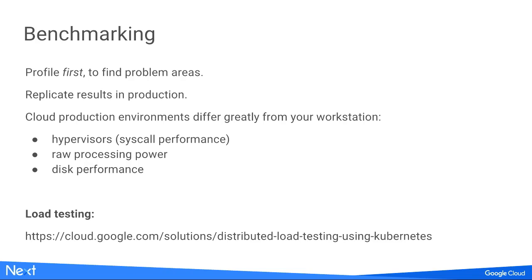There was an interesting story a couple days ago about the get time of day syscall taking a really long time on, it wasn't GCE, but another cloud provider. You might have problems like that that only manifest themselves in production. So you really need to run profiling and benchmarking on your production environment. Generally, these VMs have a lot of raw processing power, though obviously it depends how big your VM is. And there might be different characteristics for writing to disk or anything like that, right?